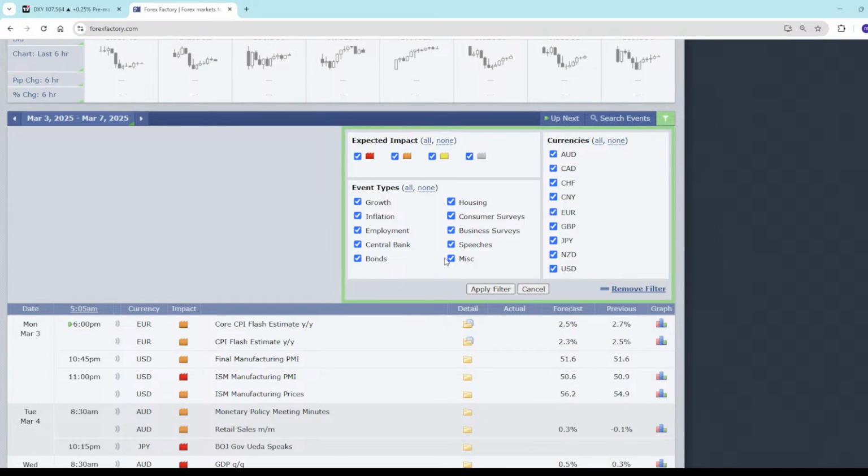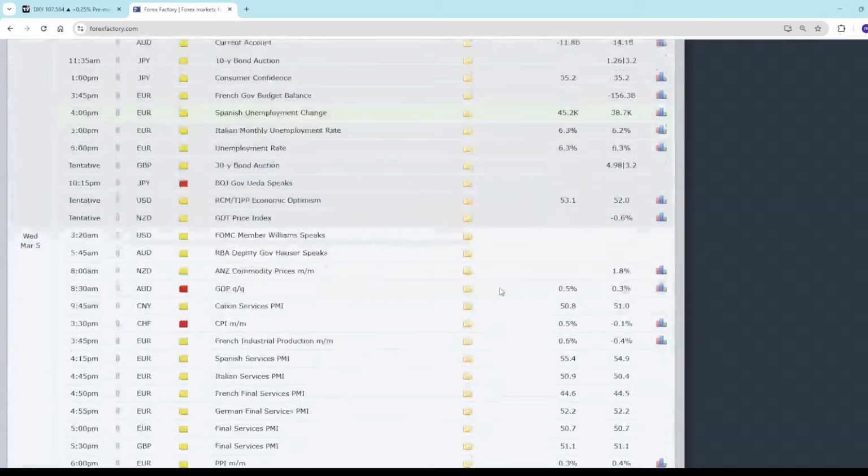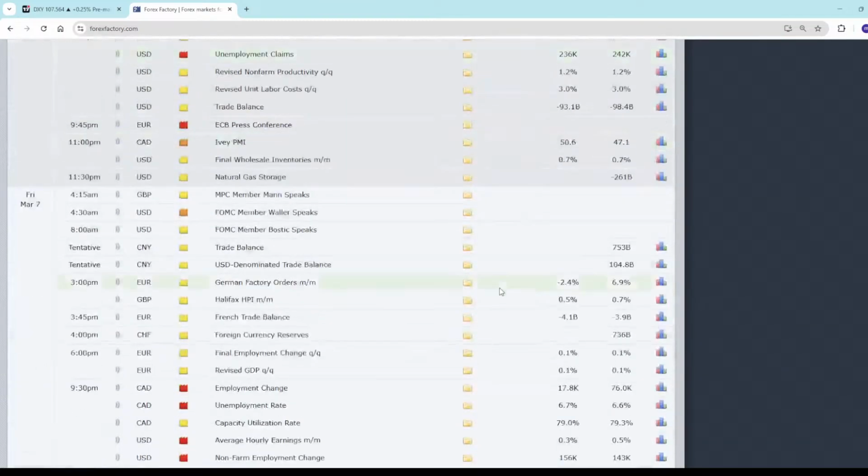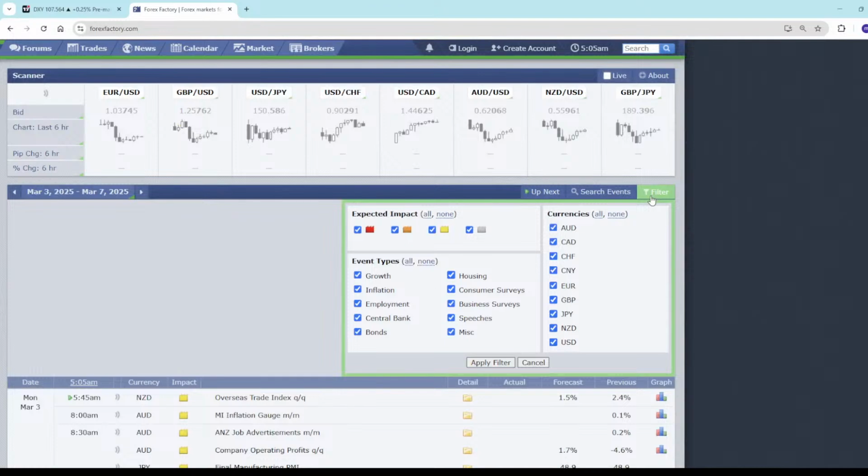You can also filter any event types or currencies you're not currently looking at. Okay, and you can see that there are a lot more events to cover for the week. So that's why we like to just streamline it and just focus on the medium and high impact events.